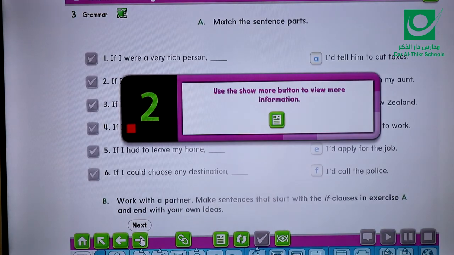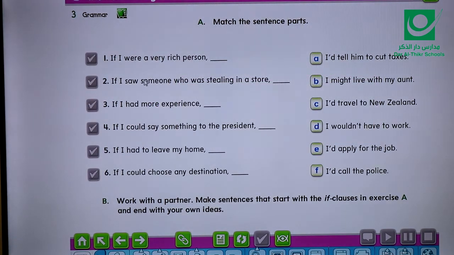Let's have an exercise for that. We are going to match the sentence parts. The first one: if I were a very rich person. Again, here if is followed by the past form. We have a point here. We know that I is followed by was.